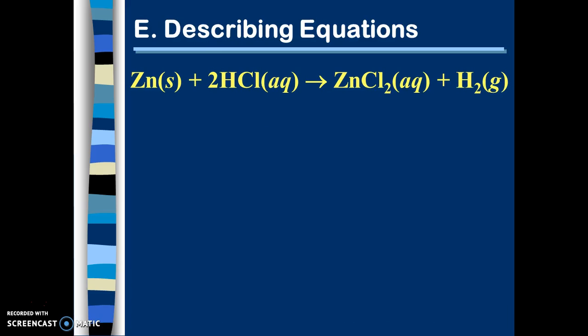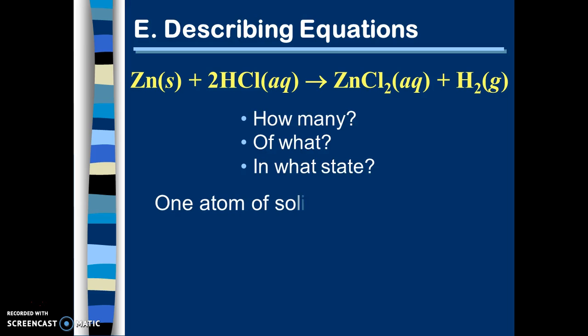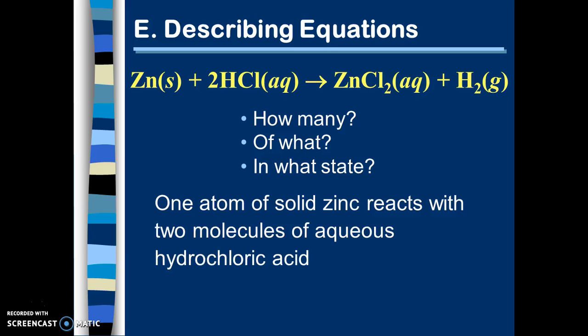If we look at it the other way, we take this chemical equation, and how can we describe it? What does this show us? Well, we could write down that we have 1 atom of solid zinc, because this shows us, hey, I got 1 atom of solid zinc right here, and it's combining with 2 molecules of aqueous hydrochloric acid.